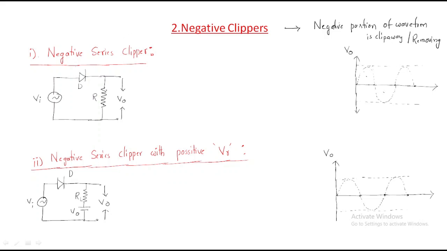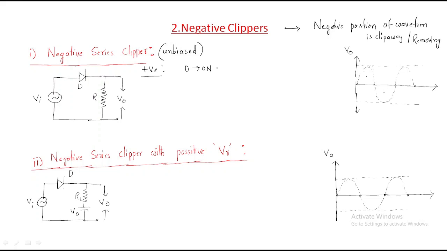This can be a biased clipper or an unbiased clipper. There is no voltage here, that's why it is an unbiased clipper. Look at the positive cycle: the diode acts as a short circuit.